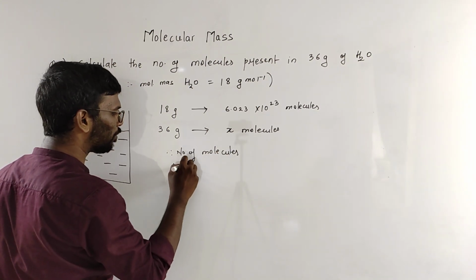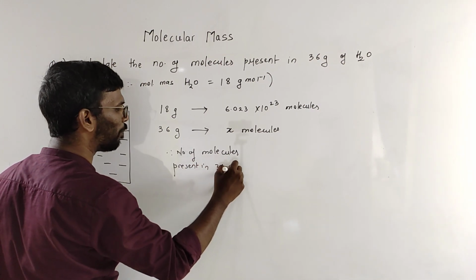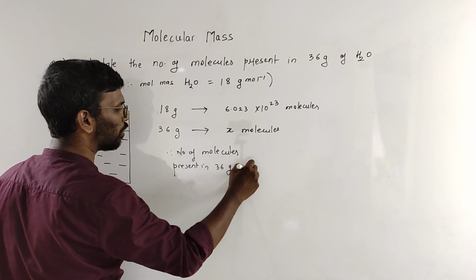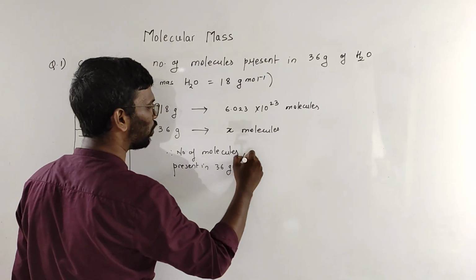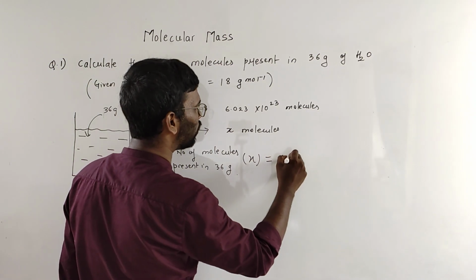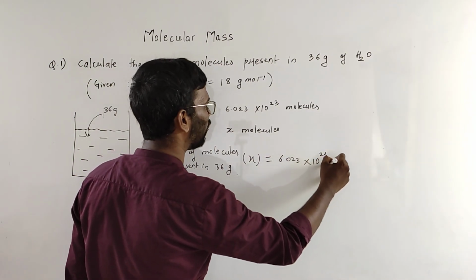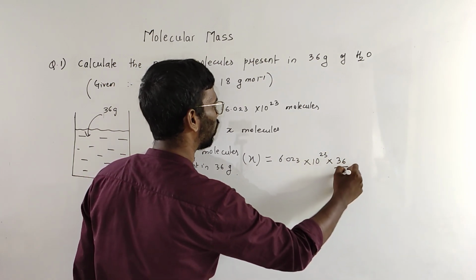Number of molecules present in 36 gram, X is equal to 6.023 into 10 raised to power 23 times 36 upon 18.